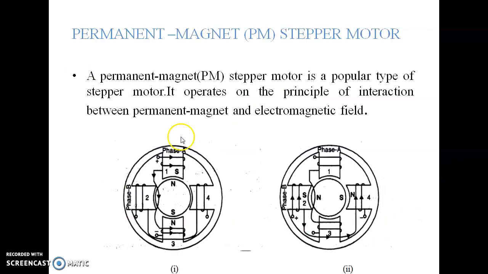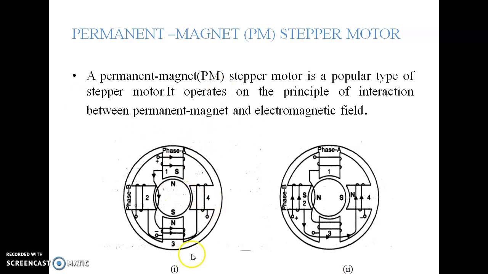Now, coming to permanent magnet stepper motor again. A permanent magnet stepper motor is a popular type of stepper motor. It operates on the principle of interaction between permanent magnet and electromagnetic field.